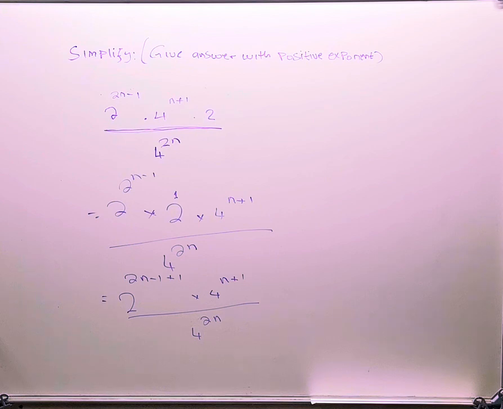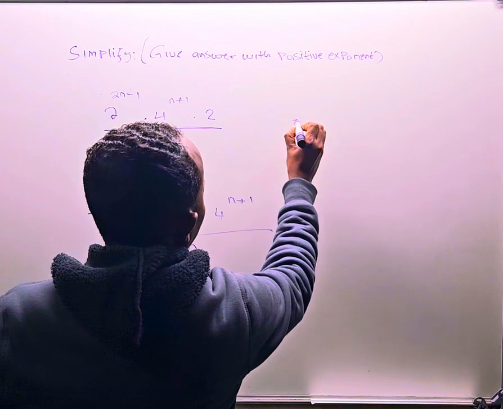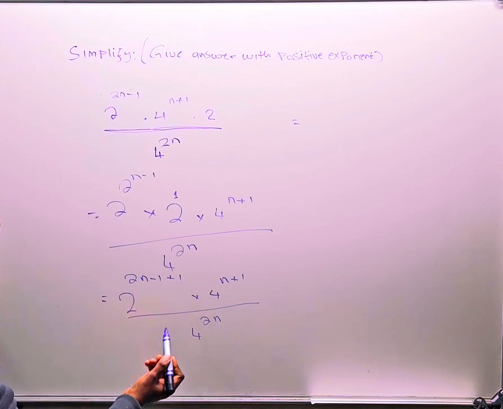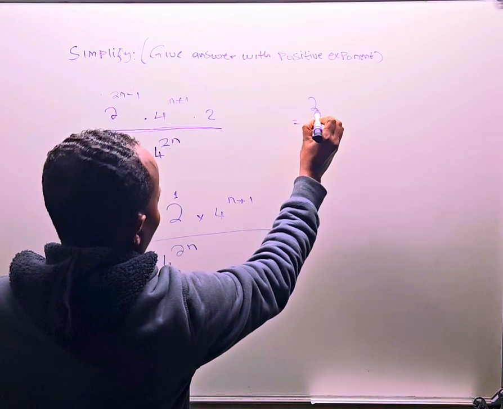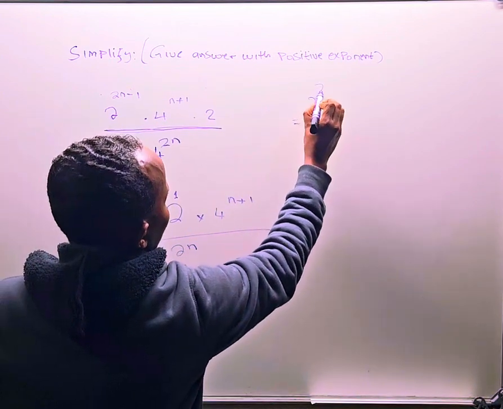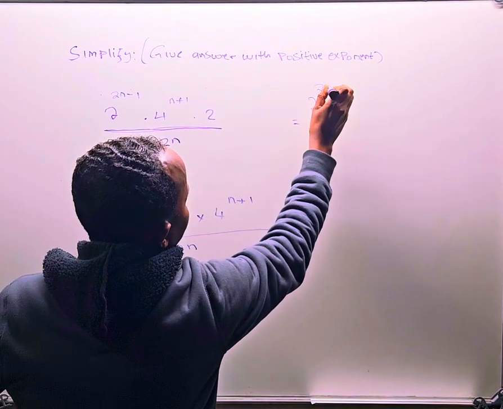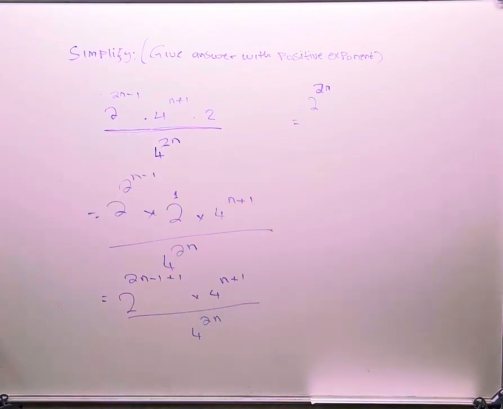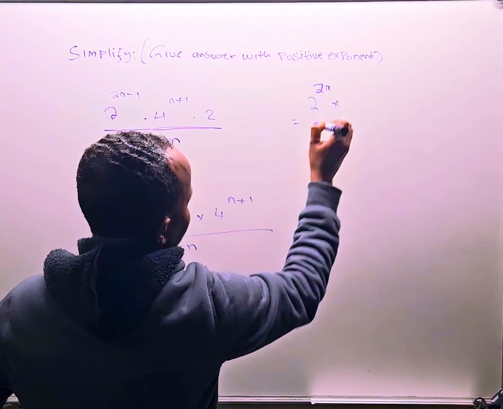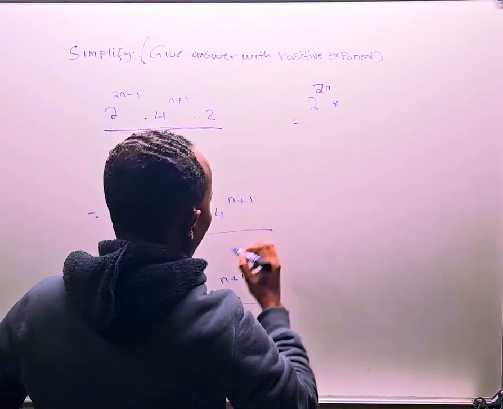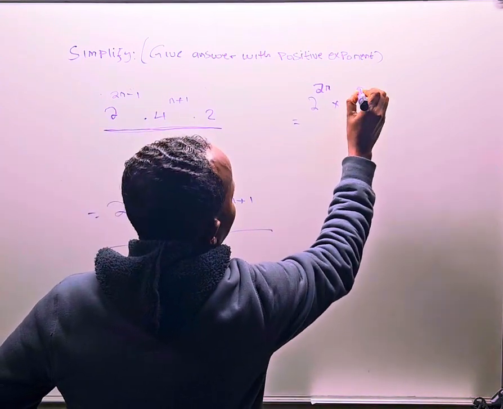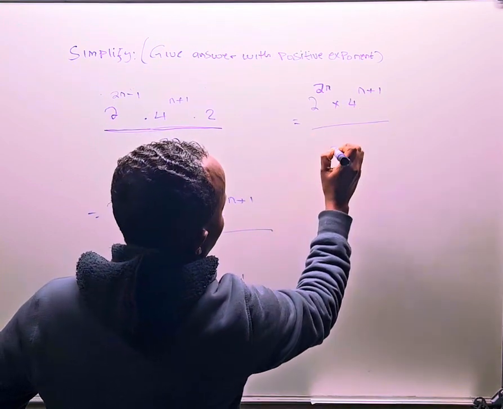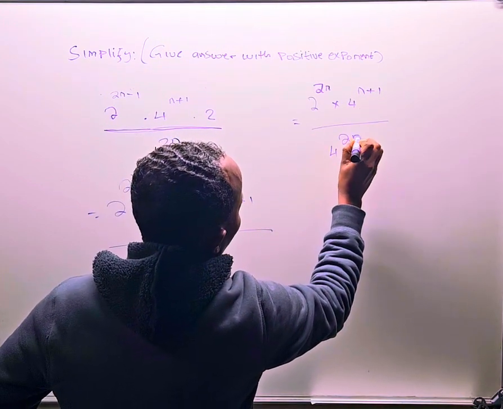Okay. Now, this equals 2 to the power of 2n minus 1 plus 1, which equals 2 to the power of just 2n, because minus 1 plus 1 is 0, times 4 to the power of n plus 1 over 4 to the power of 2n.